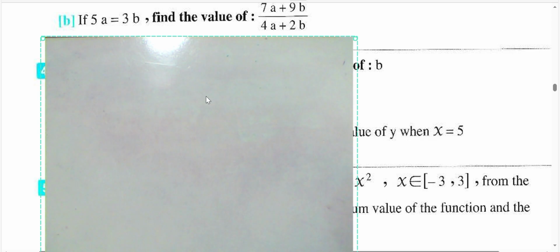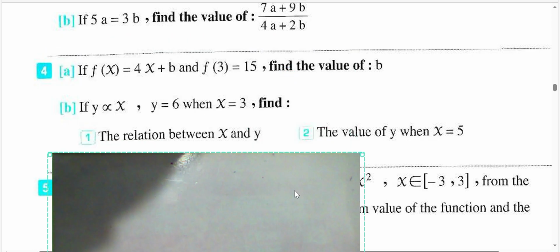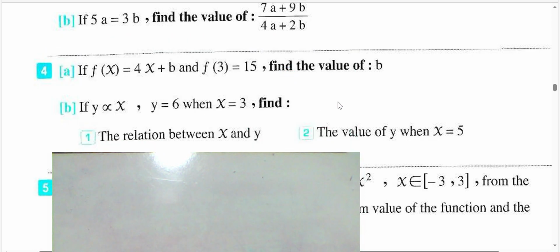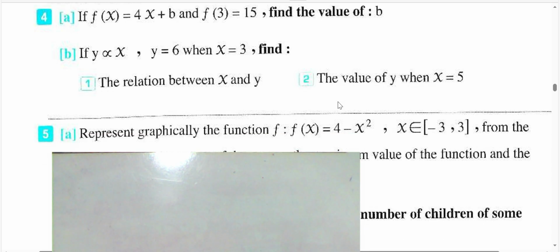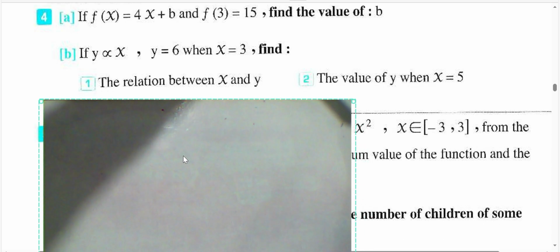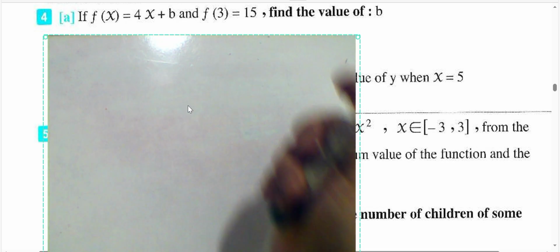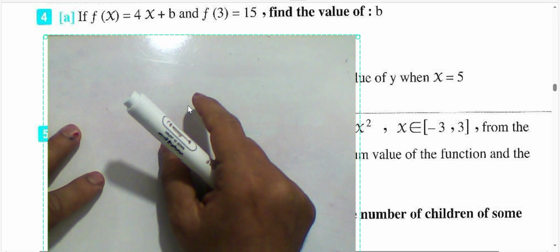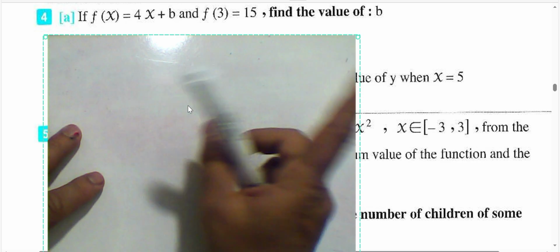Now we will complete the next question. If f of x equals 4x plus b, and f of 3 equals 15, find the value of b.